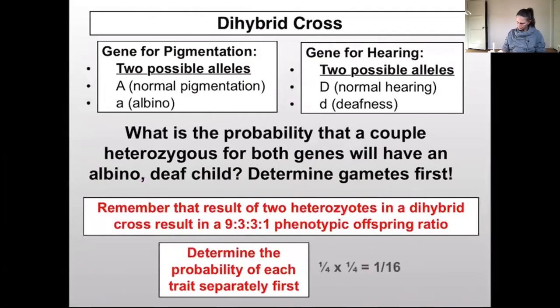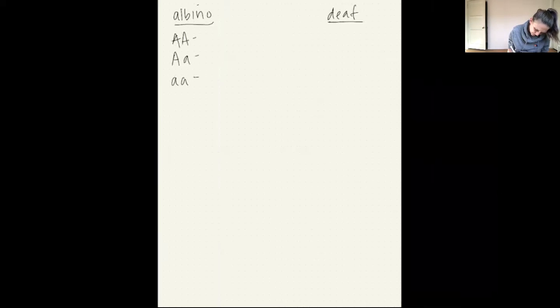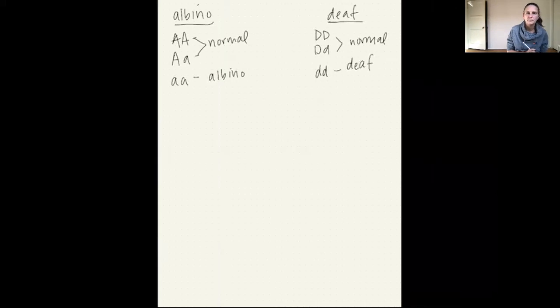Before I do this, I always write out my chart. So there's only 3 possibilities here. These two would both be normal. This would be the albino. For the deaf, these both would be normal, and this would be a deaf person, right?